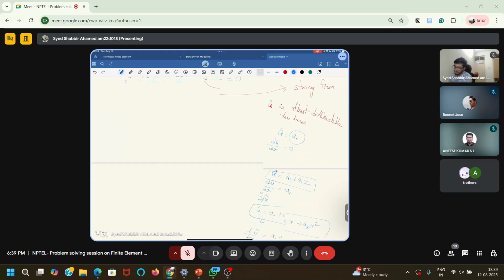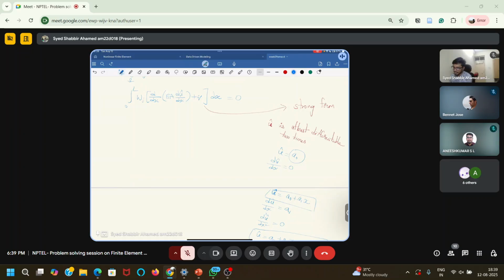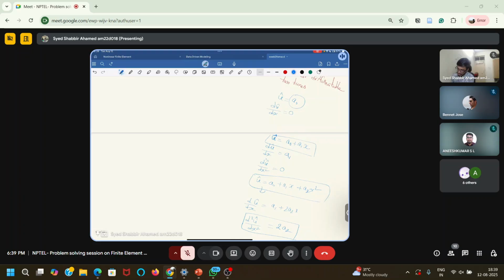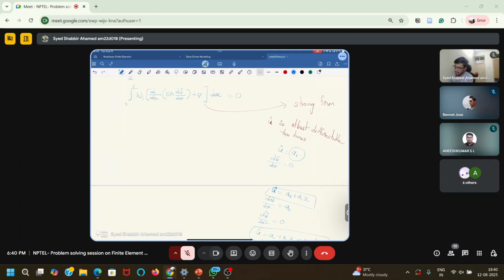Now let's do some integration and see how we can reduce this second degree requirement to a first degree requirement. Instead of taking a second degree polynomial to approximate the solution, if we just take a first degree polynomial, it will be computationally much less expensive and efficient. But to do that, we have to do some steps.